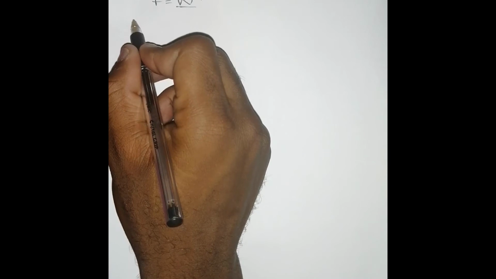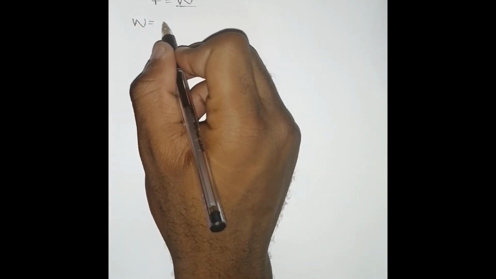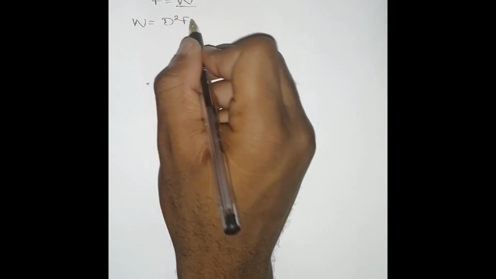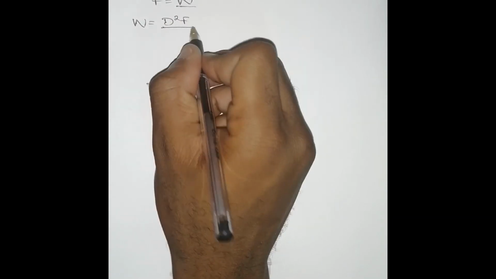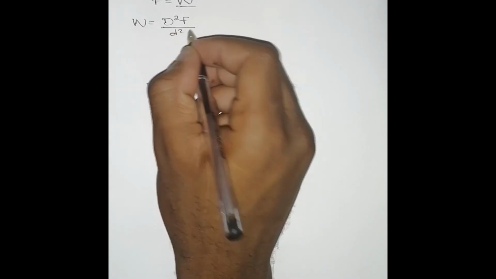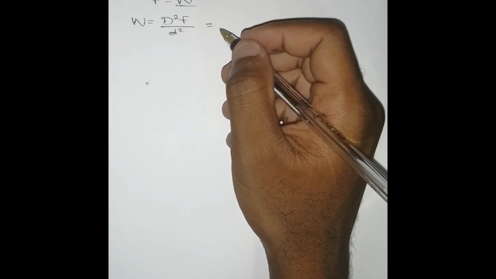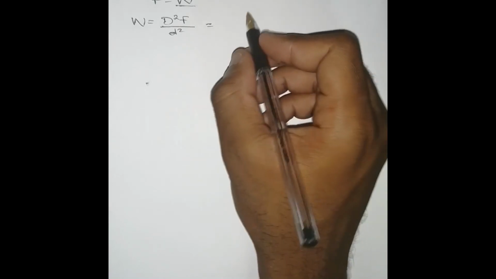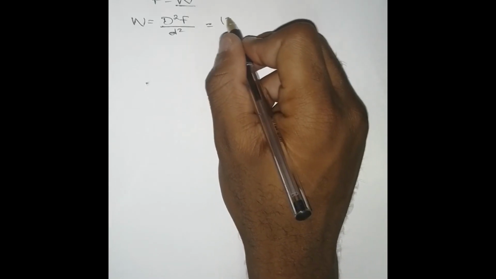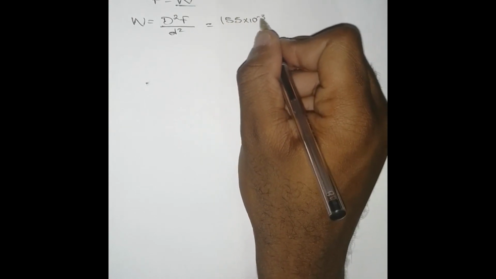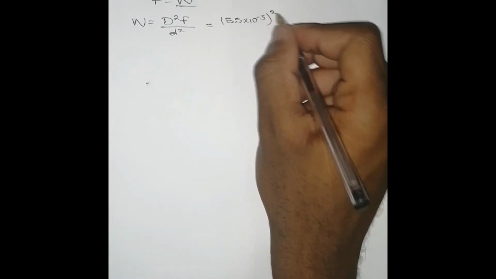So we're going to say W, weight, is equal to the diameter of the ram times the force applied by the plunger over the diameter of the plunger, and we substitute what we are given. The diameter of the ram is 55 millimeters all squared, times the force.